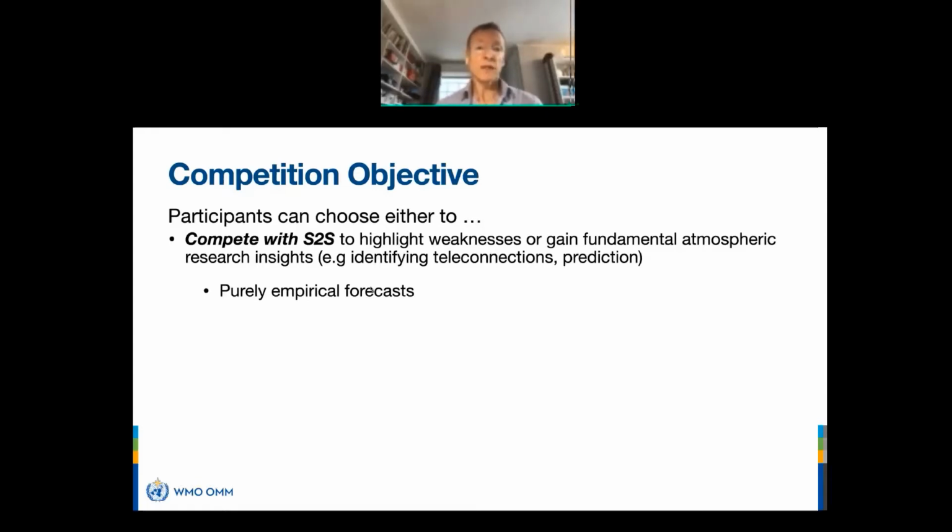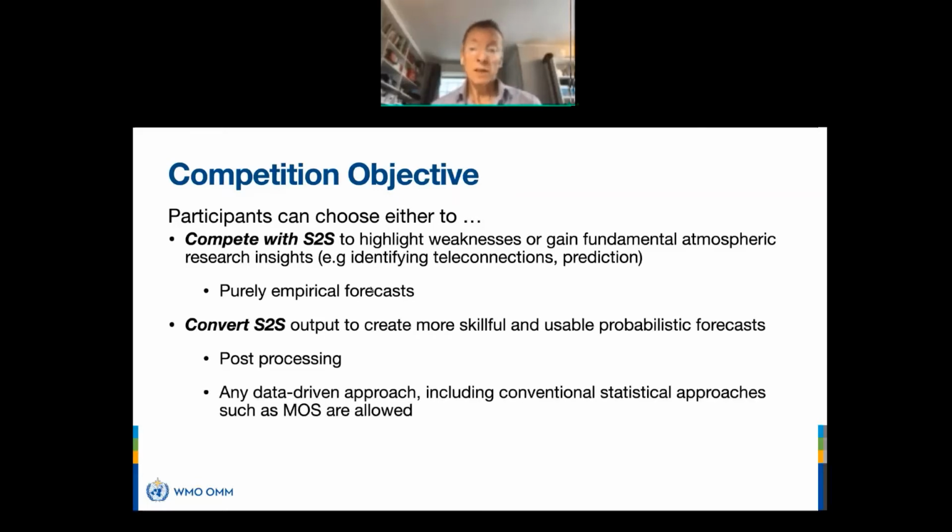So this would be one option to highlight weaknesses or gain fundamental atmospheric research insights, maybe identifying teleconnections and so forth. And the second would be in the post-processing. So to take the forecasts in the S2S database and use them to create more skillful and usable probabilistic forecasts, as we've seen in a couple of the talks today.